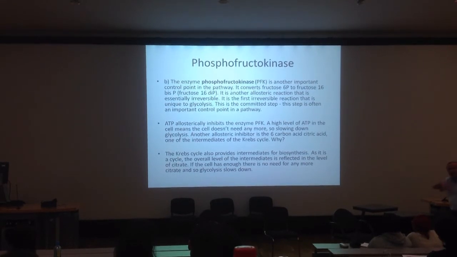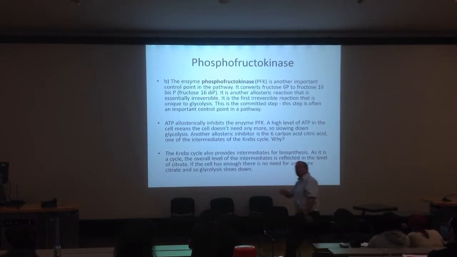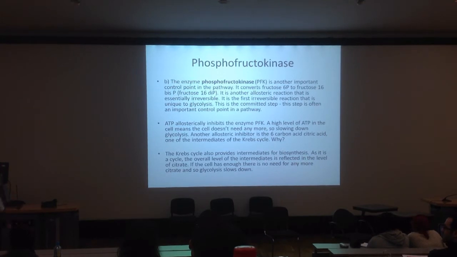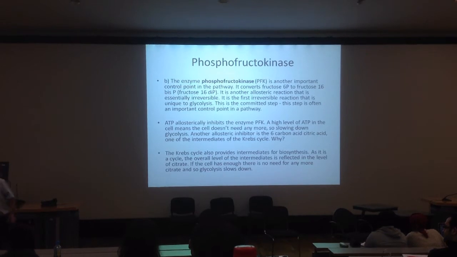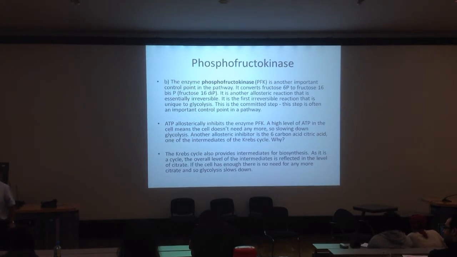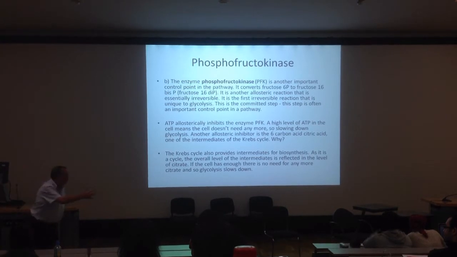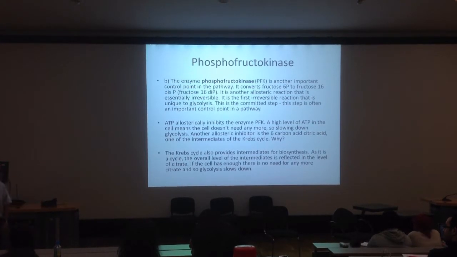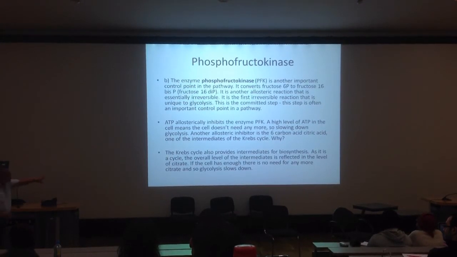So that feeds back to glycolysis over here and says, we haven't got enough, make some more. So that will speed it up. If the level of citrate is low, then the activity of glycolysis needs to increase to make more citrate. So that's feeding back. If the cell has enough, there's no need for any more, and glycolysis slows down.